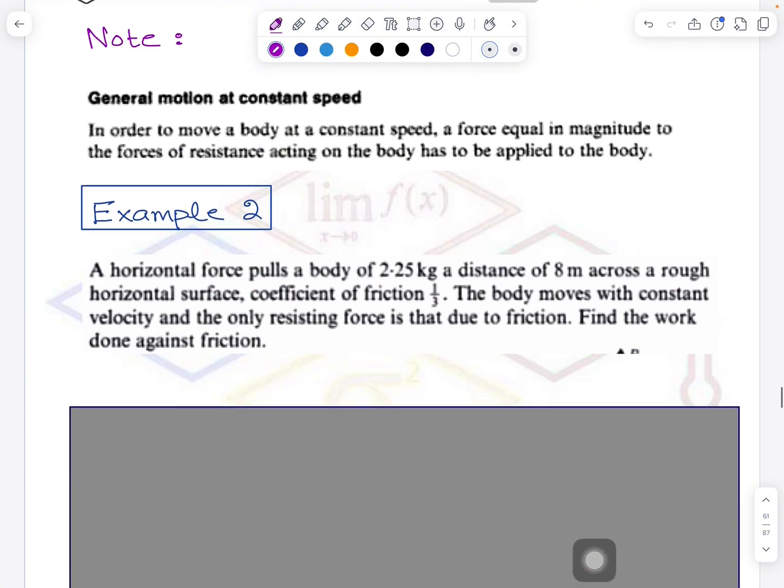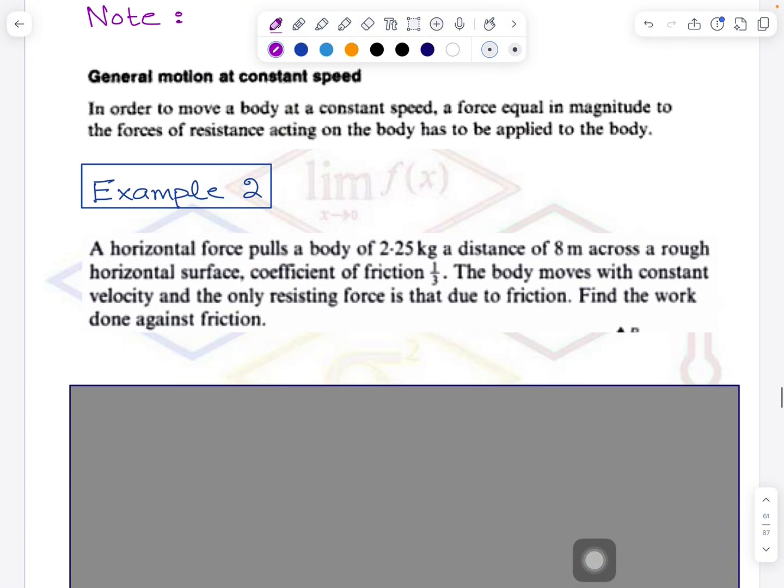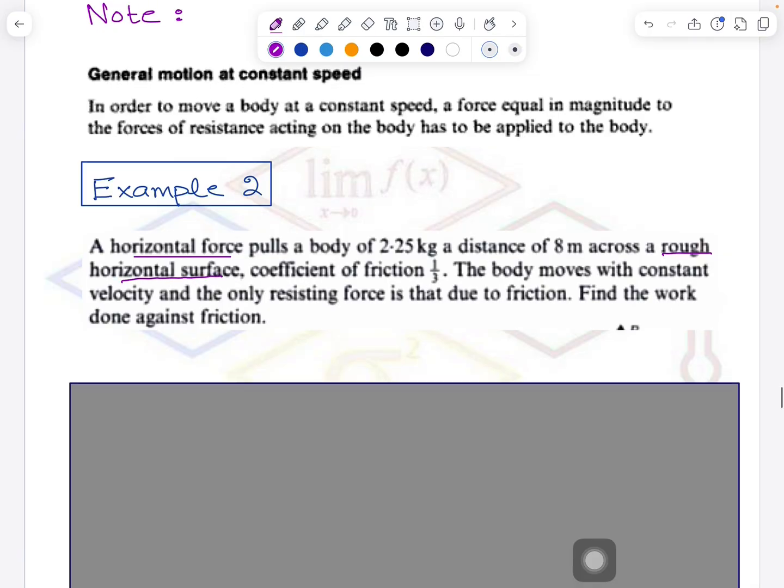Now, next example. A horizontal force pulls a body of 2.25 kg a distance of 8 meters. Now, please remember, it is a horizontal force, across a rough horizontal surface. These are keywords. We have already studied friction. Now, the coefficient of friction is 1 over 3.